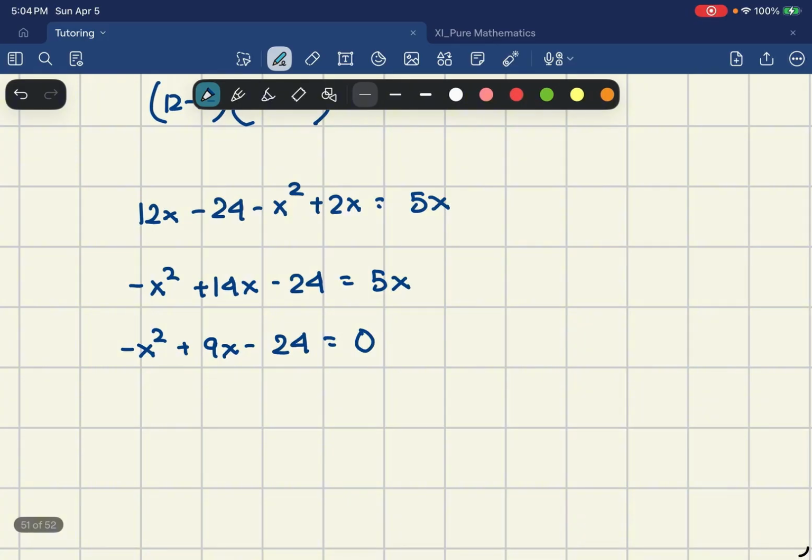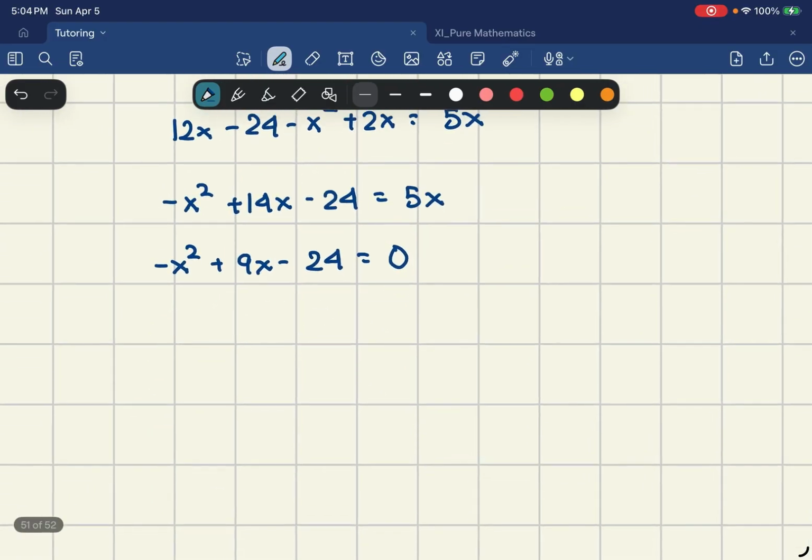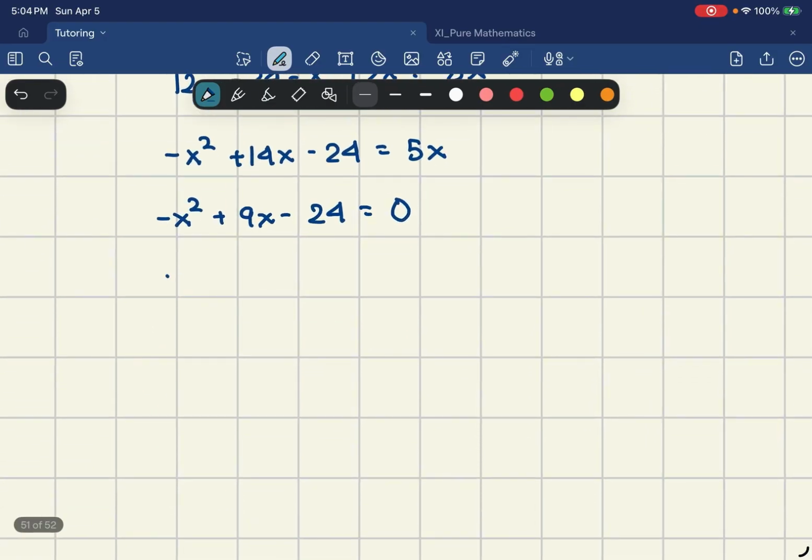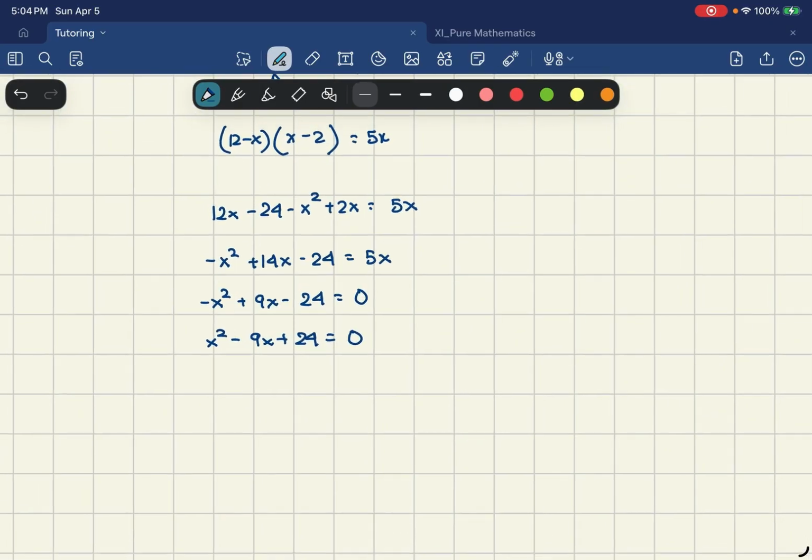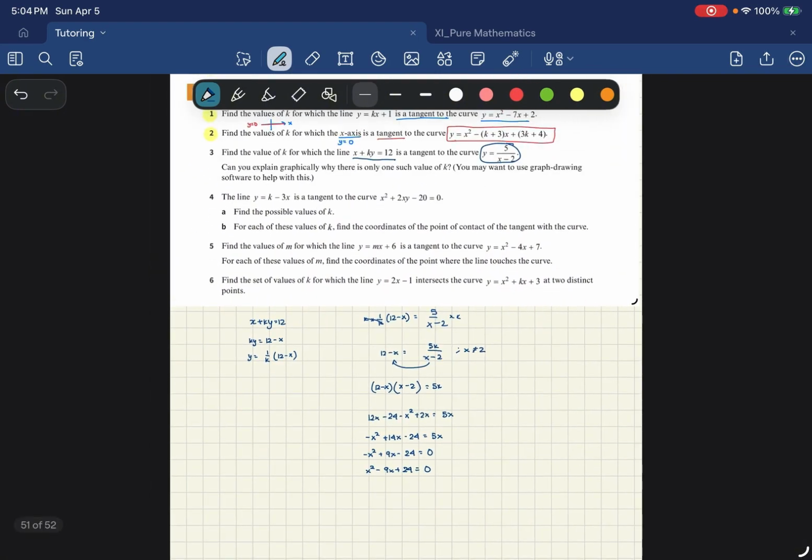If I did everything correctly, this should be the equation that I get. Let me see. I think it should be all right.